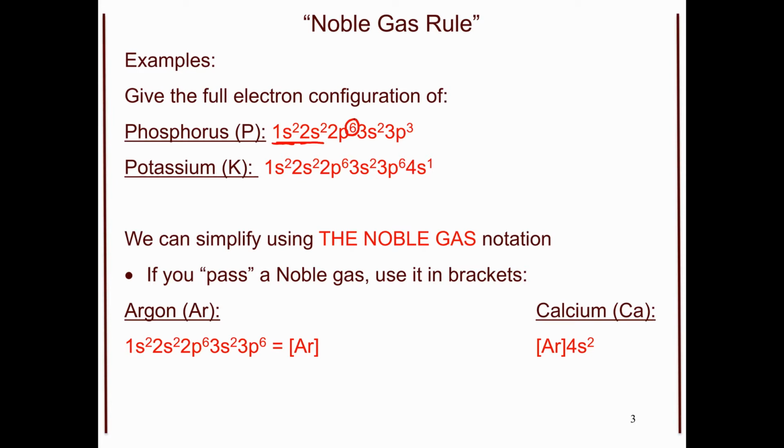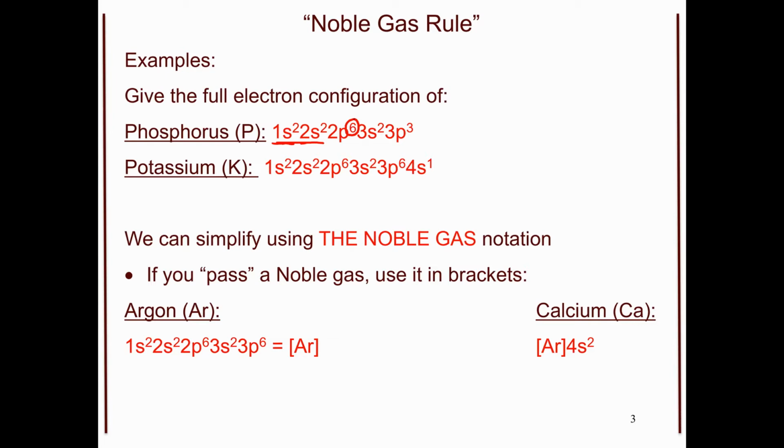If we go and add the next 2 electrons, that is going to be in the 3s orbital. And then finally, when we get to phosphorus, which only has 15 electrons, notice that our last 3 electrons go in the 3p subshell, 1 electron in each of the degenerate orbitals. This is a good full electron configuration.